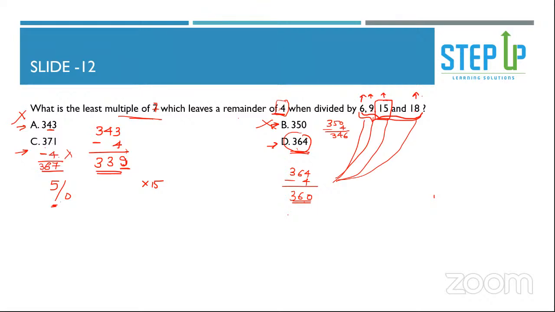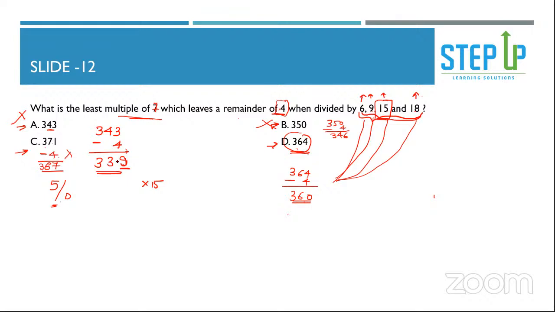Okay, what I'm doing in this question: they are asking that it should be a multiple of 7. I checked all options are divisible by 7. Now it should leave a remainder of 4 when divided by 6, 9, 15 and 18. So what I will do is subtract 4 from this number, and it should be divisible by 6, 9, 15 and 18. I'm going the reverse way. When I subtracted 4 from 343, it gave me 339.